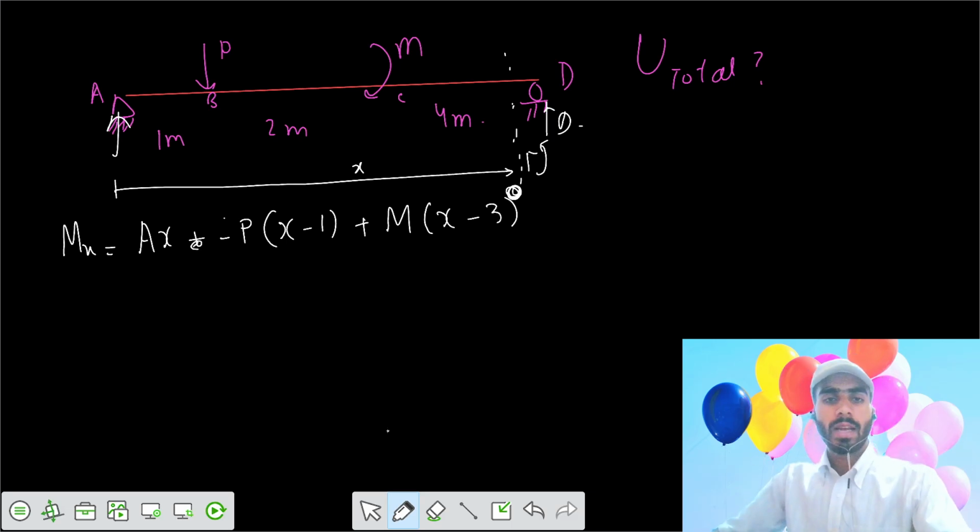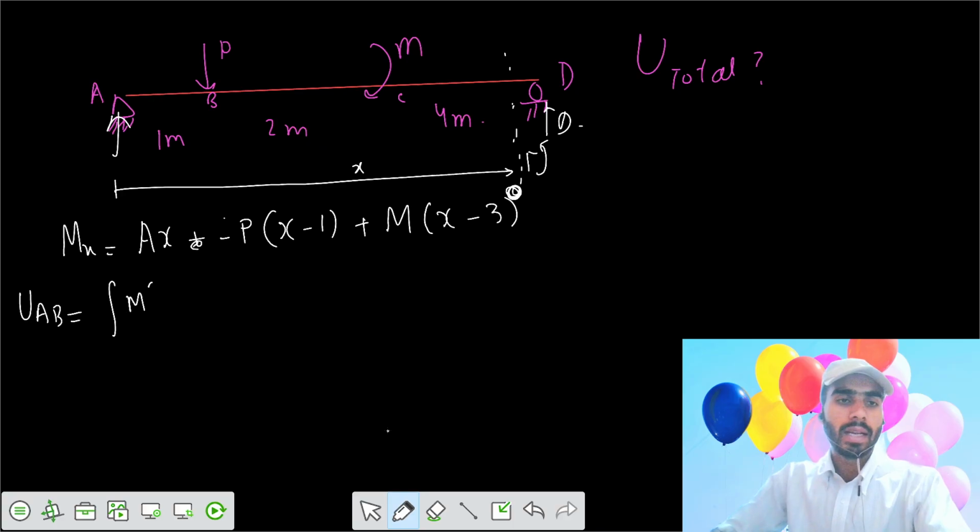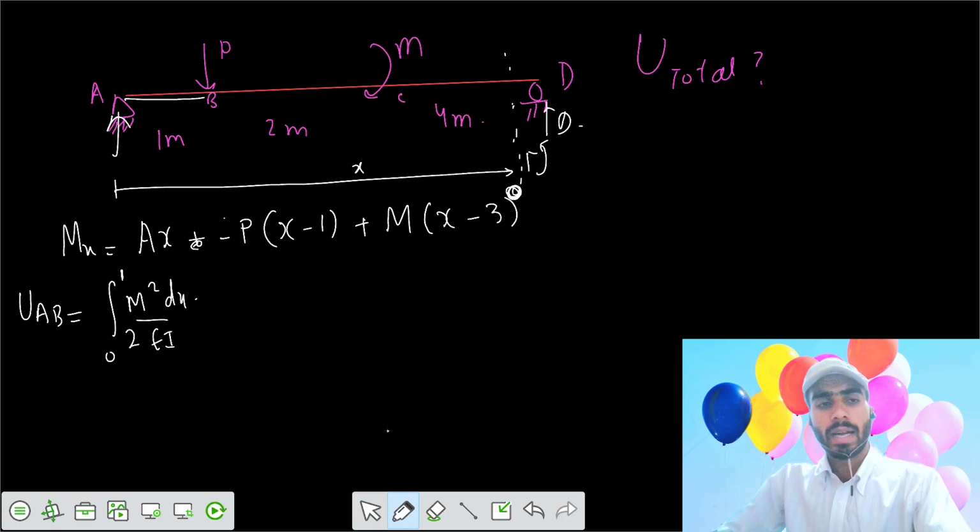Then for the different sections, let's say you want to find the strain energy stored in the segment AB. You write the integral of M squared dx by 2EI, and the range of AB is from 0 to 1. But in AB, we have to check whether these terms are valid or not.